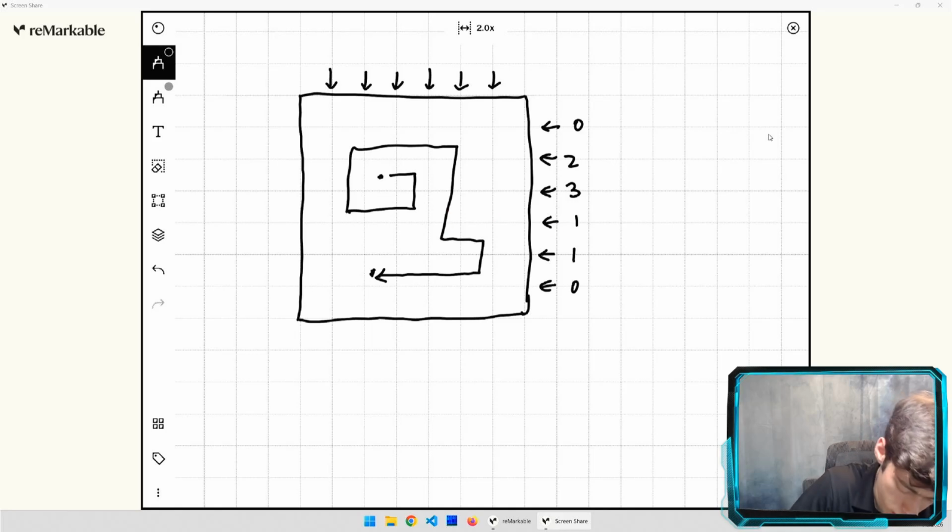And then same for the columns. So 0, 0. This one we crossed and then crossed back. 2, wait, not 3, this is 4. 2, 2.